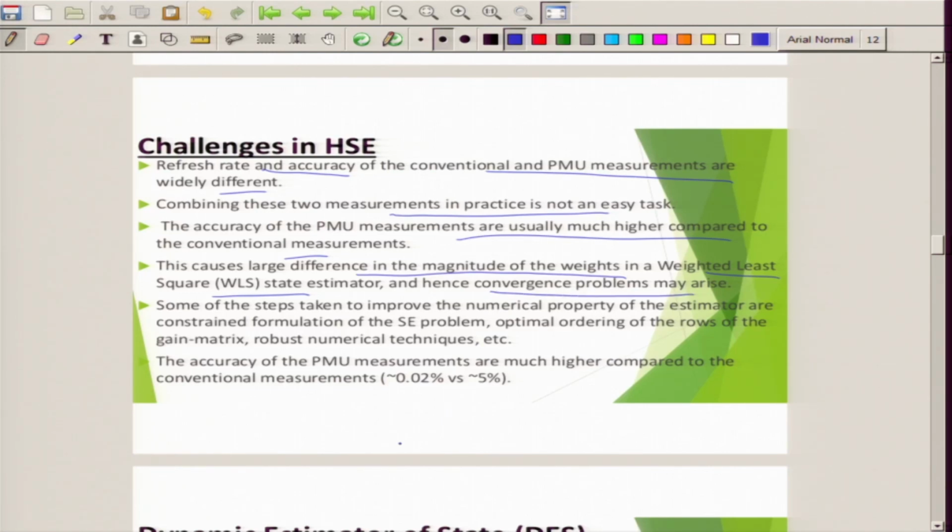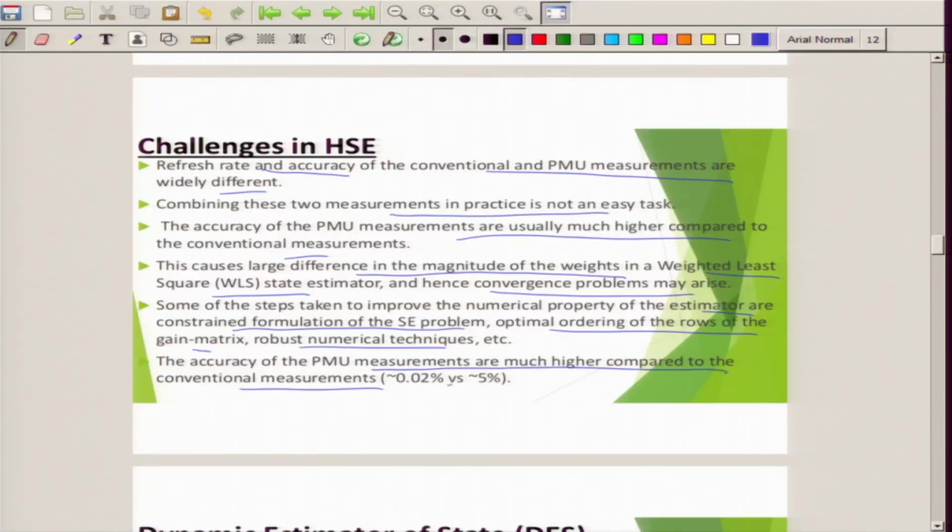Some of the steps taken to improve the numerical property of the estimator are constrained formulation of the state estimation problem, optimal ordering of the rows of the gain matrix, and robust numerical techniques, etc. These are some of the techniques, maybe a combination of them, adopted to improve the accuracy, the main challenge being the difference in the frequency at which the data is being received, as well as the time sampled data accuracy, which is quite higher in the case of PMU.